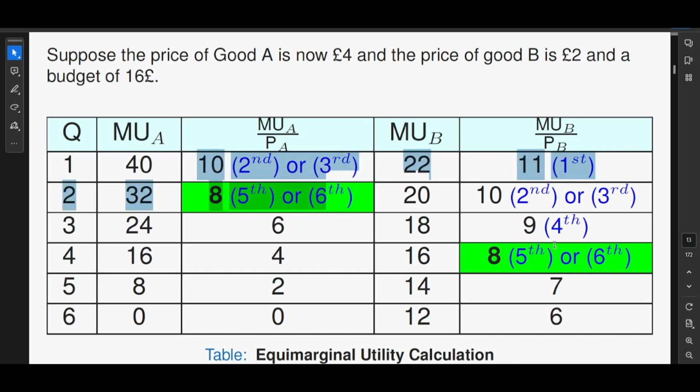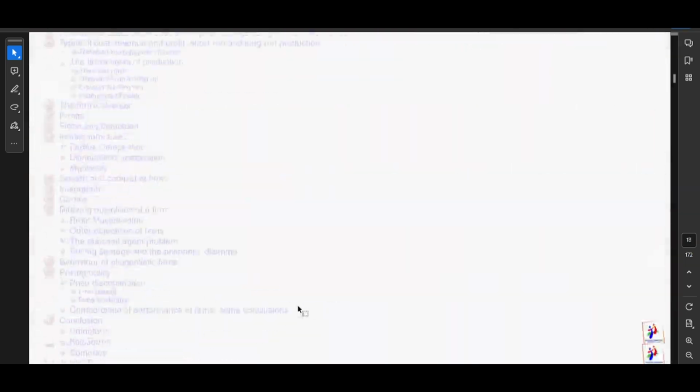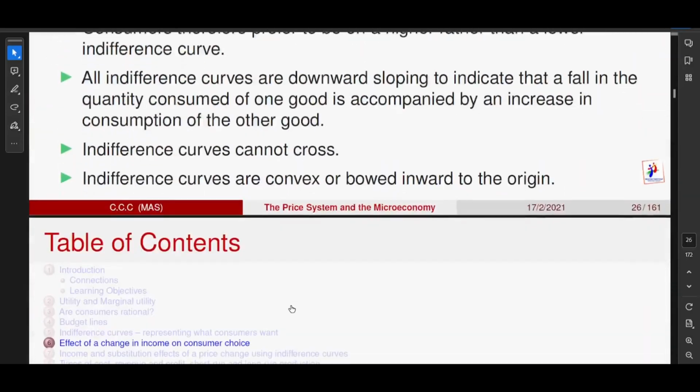This isn't the best example, but let's say it would be here, 8. You'd be buying 2 of A and 4 of B. That would be the position where you're maximizing your utility. So basically, this is what we're seeing here.